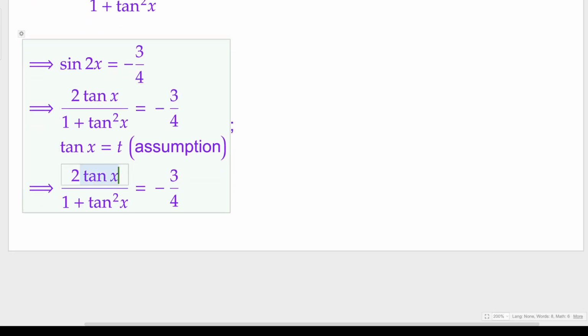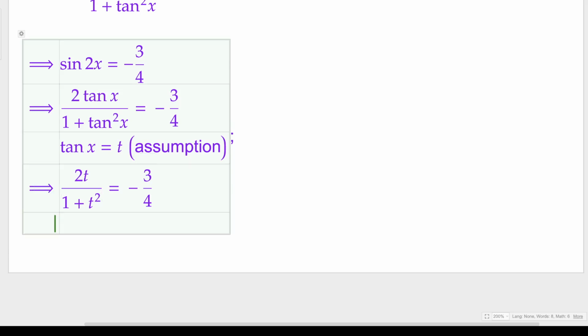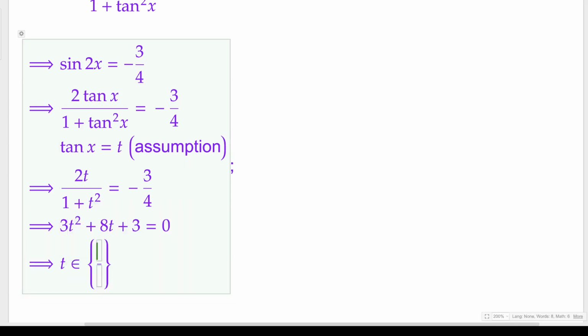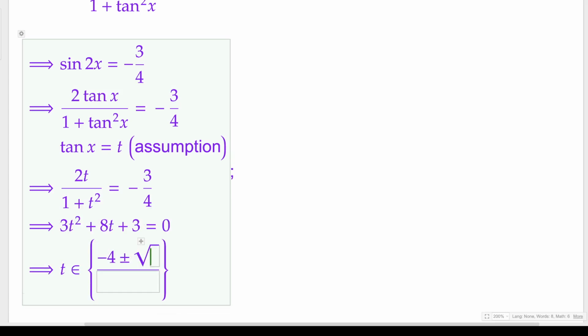So this will be 2 times t over 1 plus t squared. Now this is already a quadratic, and I'll simplify it. This would be 3t squared, then plus 4 times 2 is 8, 8 times t, plus 3, equal to 0. On solving this, definitely two roots would be there. So t belongs to negative 4 plus minus, representing both roots, square root of 7, over 3.